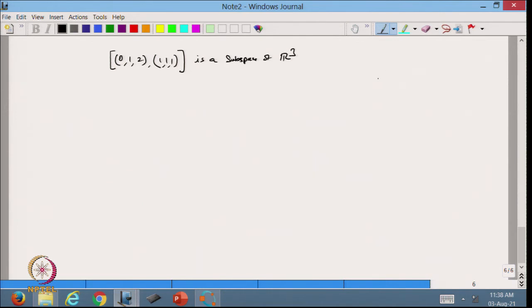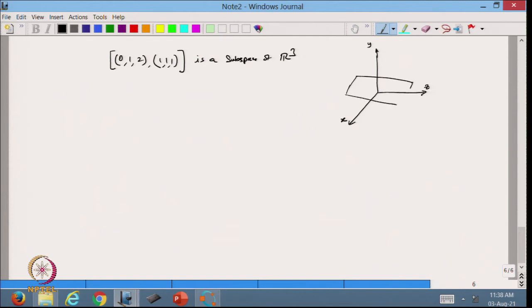So, let us write here. I just take the 3-dimensional space, with axes x, y, z, and suppose this is some plane.